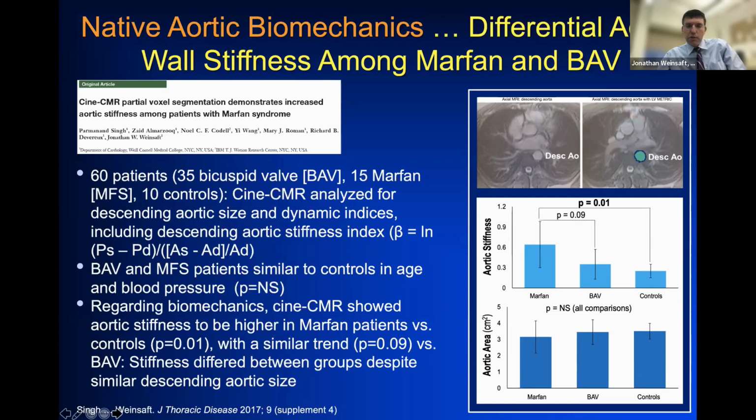Again, this stiffness differed between groups despite similar aortic size, consistent with the notion that underlying wall stiffness, underlying vessel properties differ in relation to etiology of thoracic aortic aneurysms, and that those differences can be discerned using new functional imaging techniques.